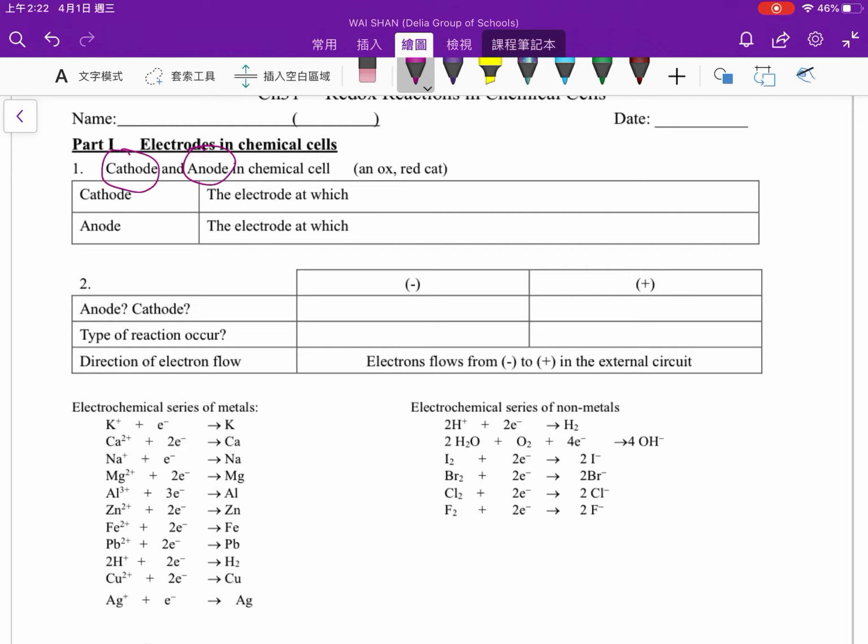So what is cathode? Cathode is the electrode where reduction takes place. For the other one, anode, it is where oxidation takes place. We have been talking about redox reactions, which involve electron transfer.